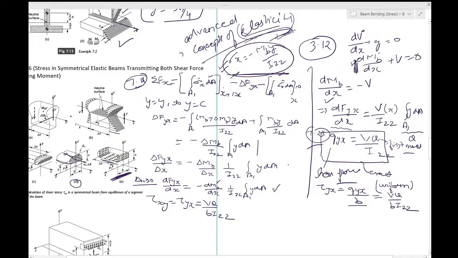Now if you look at figure 7.13e, this particular figure, we show on the faces of the segment the nature of the shear stress distribution given by 7.25. Okay, and tau_xy, if you see, is like this. These little arrows which you see over here are tau_yx, and tau_xy are the same arrows in the x direction.